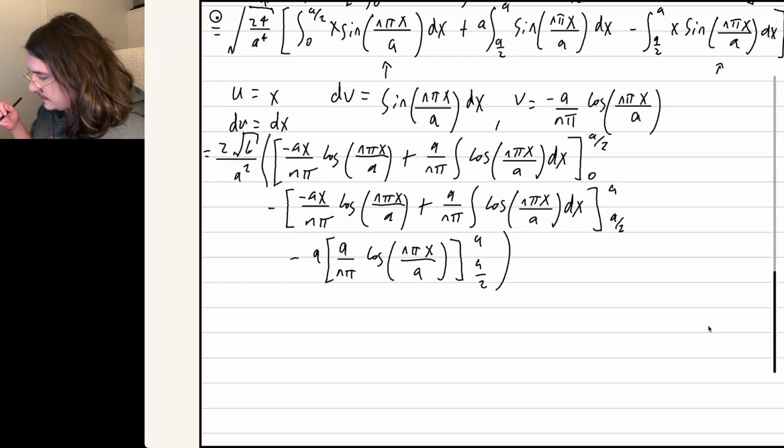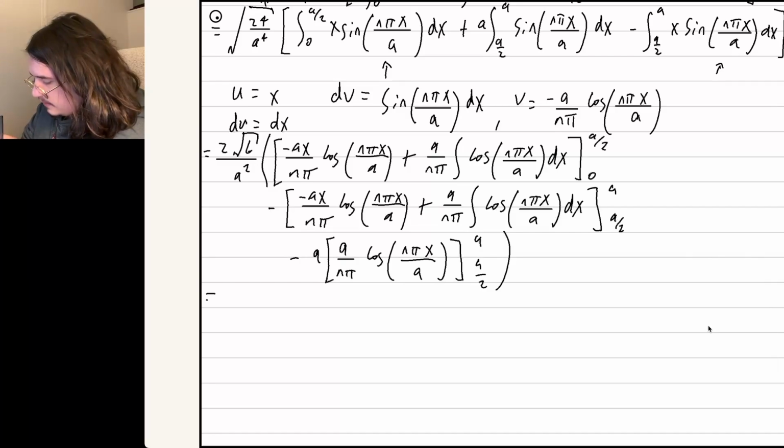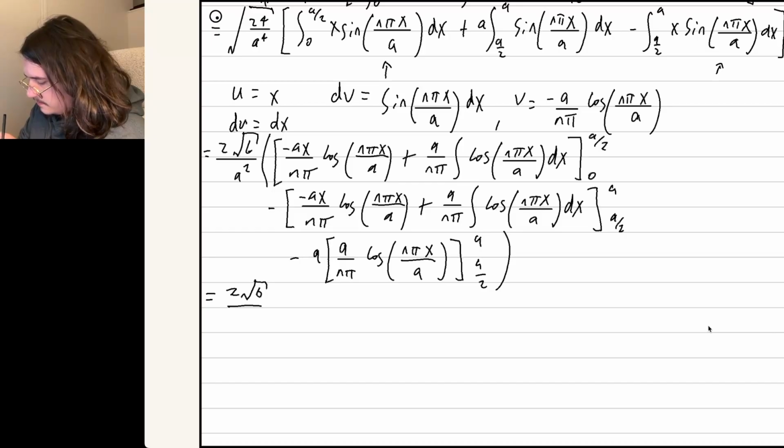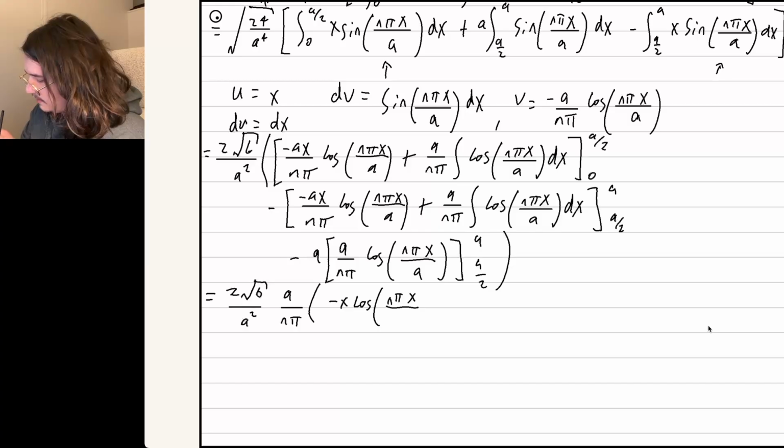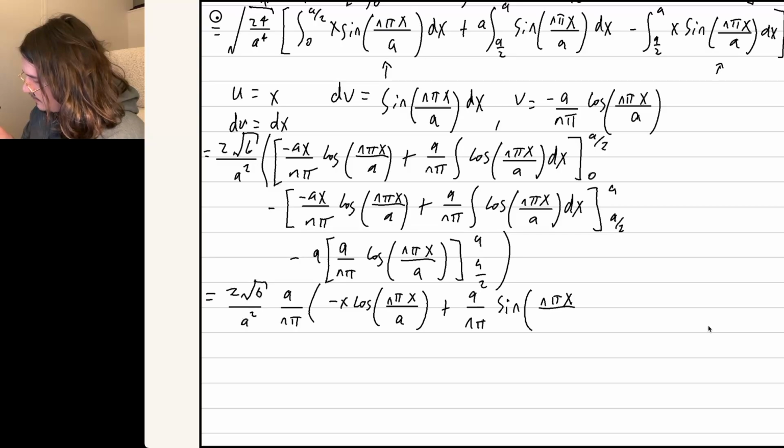Okay, let's do the integrals that are inside of the brackets now, and also factor out a factor of a over n pi, because all of them seem to have that term. So we'll have minus x cosine n pi x over a plus a over n pi sine n pi x over a.